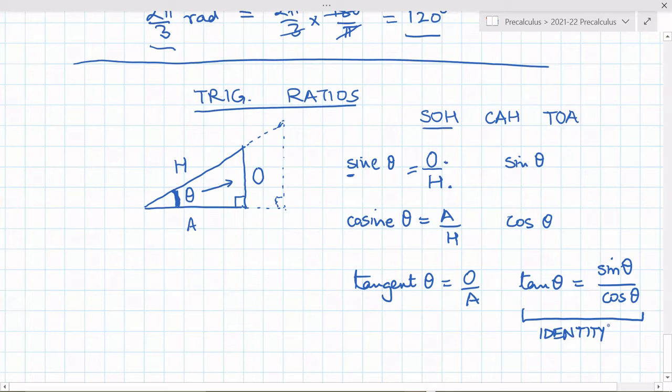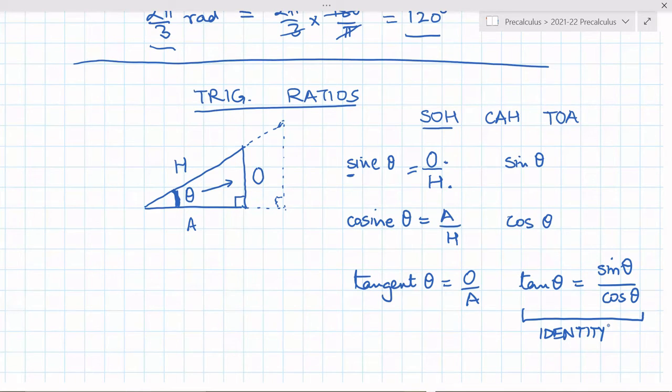What that means is, if you're trying to do something, you can replace tan theta with sine theta over cosine theta. Or if you see sine theta over cosine theta, you can replace that with tan theta because these things are always equal.